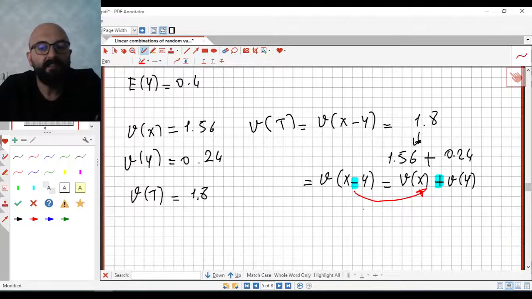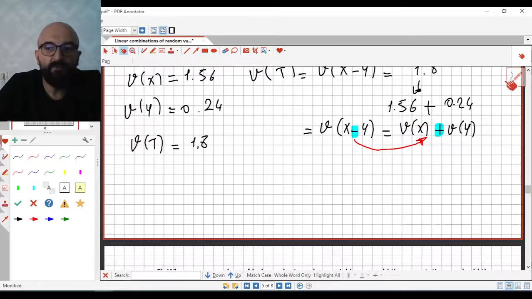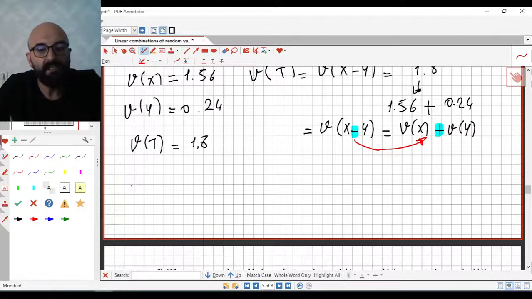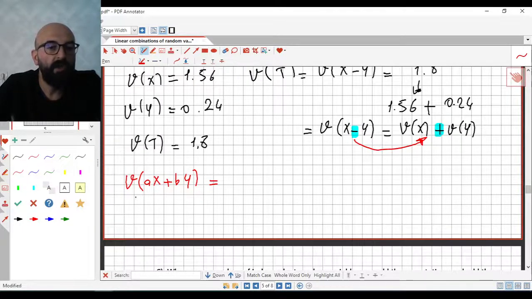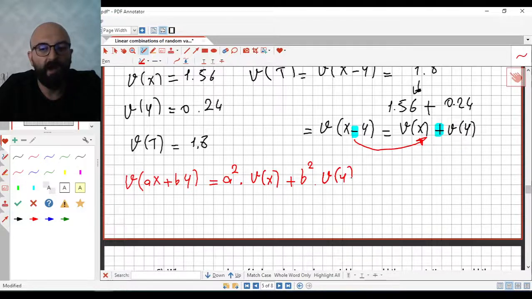Because please remember that for a linear combination of variance values, for example, the variance of ax plus by, in the last lesson we had learned this means a square multiply the variance of x plus b square multiply the variance of y.